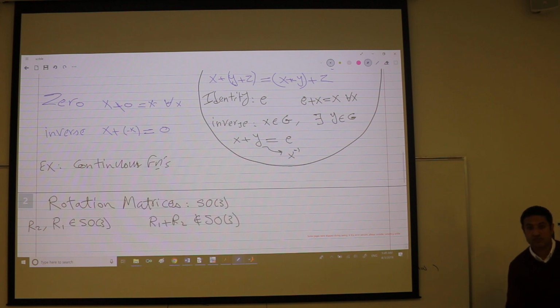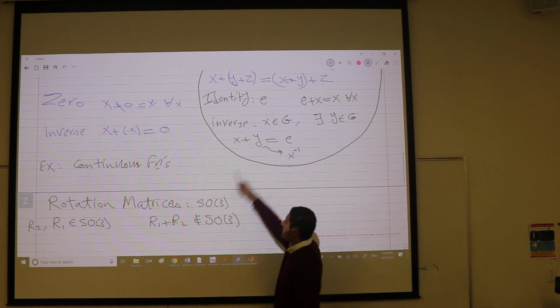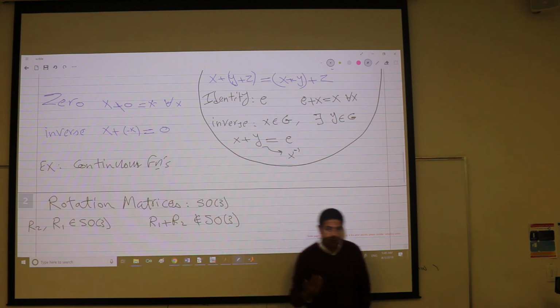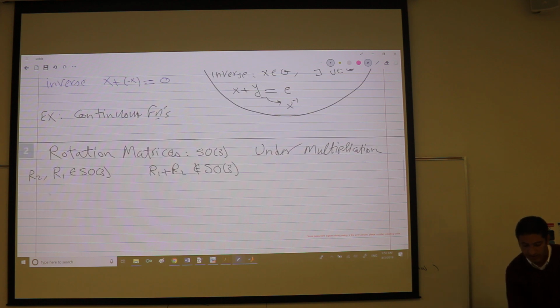When you add two rotation matrices, you don't necessarily get a rotation matrix. So rotation matrices with addition is not a group, but rotation matrices under multiplication is a group. Why? Because if I multiply any two rotation matrices, R1 and R2, the product is a rotation matrix, right?